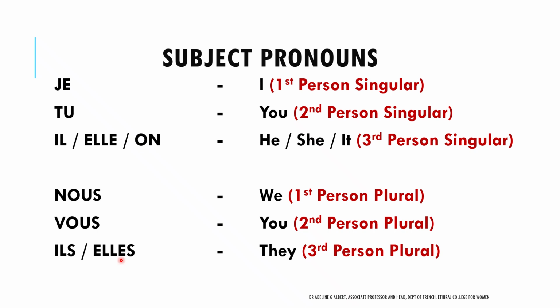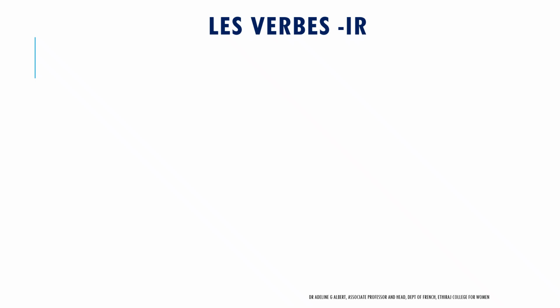Je means I, tu means you, il means he or it, elle means she or it, on means one or it. Nous means we, vous means you, the plural form or the respectful singular, like thou in Old English. Ils, elles, masculine and feminine, they. Pronouns are the same.